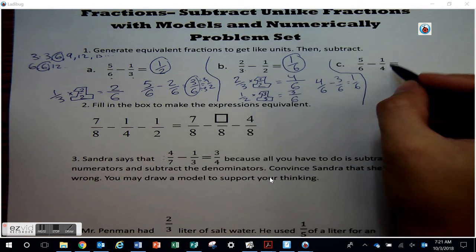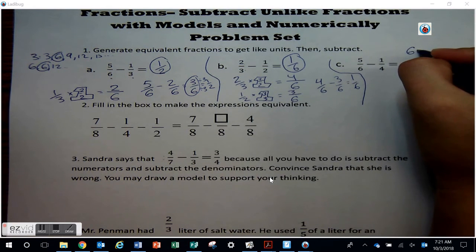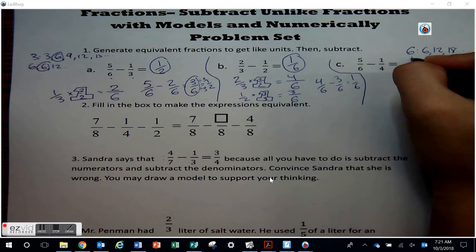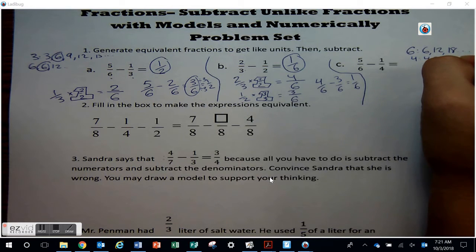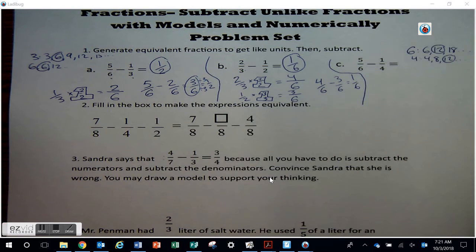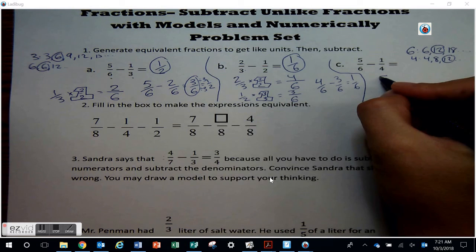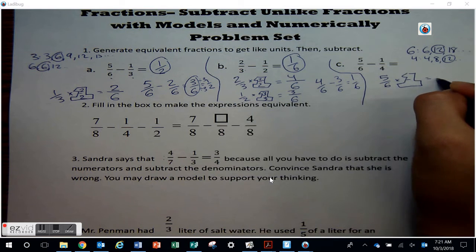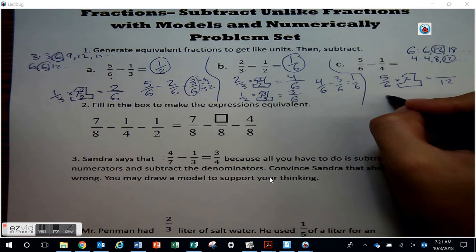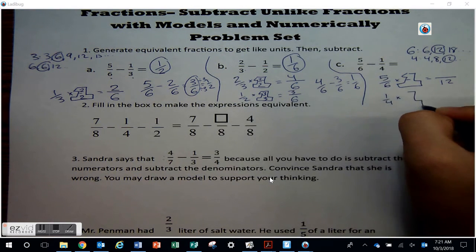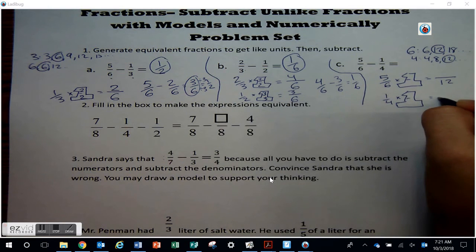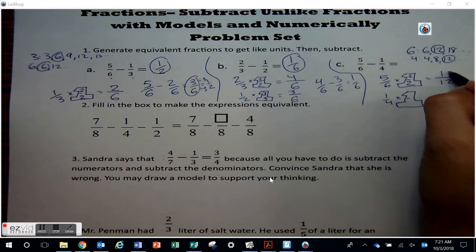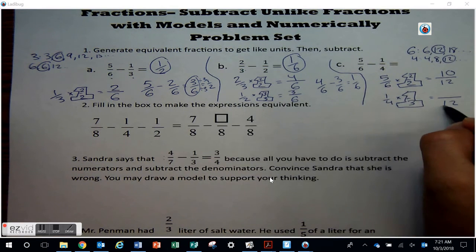Here, let's do our common multiples. 6 can be 6, 12, 18, so on. 4 can be 4, 8, 12, so on. I found a common denominator of 12. So I'm going to do 5/6 times my giant 1 to get a denominator of 12. 1/4 times my giant 1 to get a denominator of 12. 6 times 2 is 12, so 5 times 2 gives me 10. 4 times 3 is 12. 1 times 3 gives me 3.